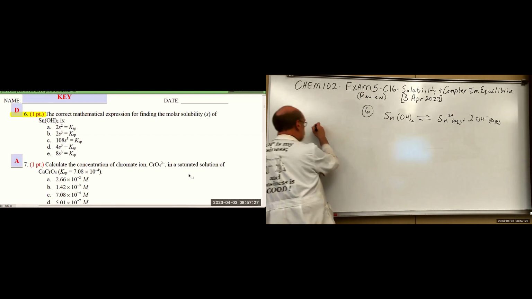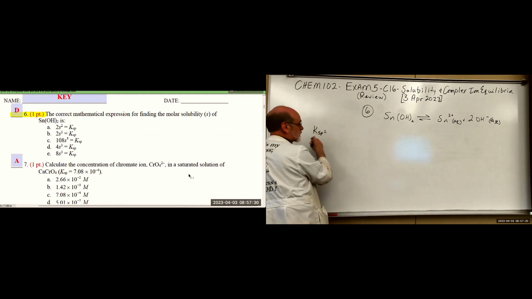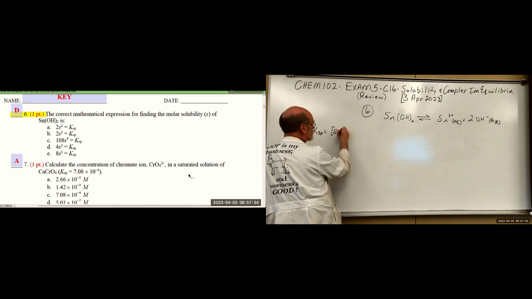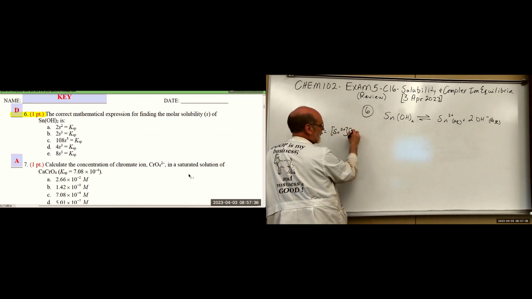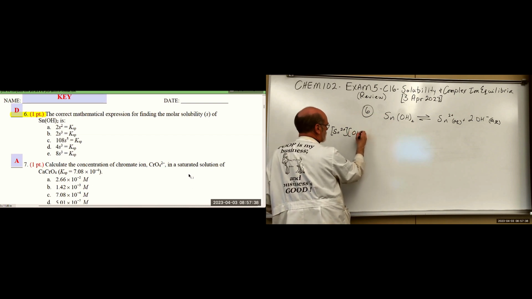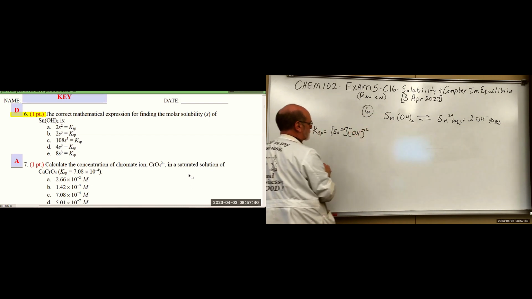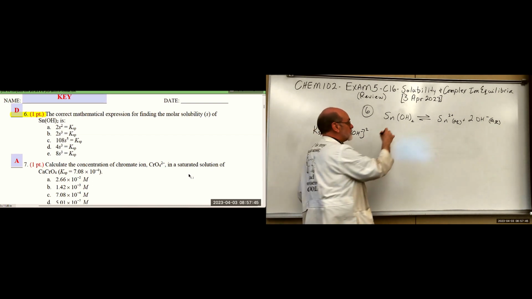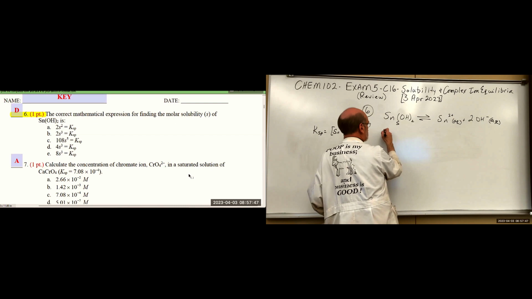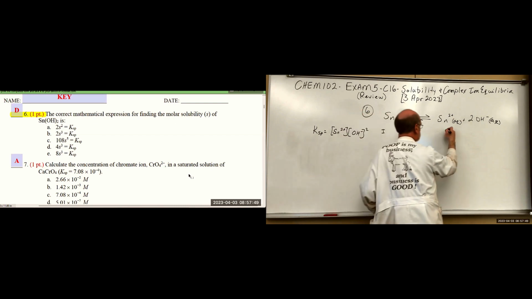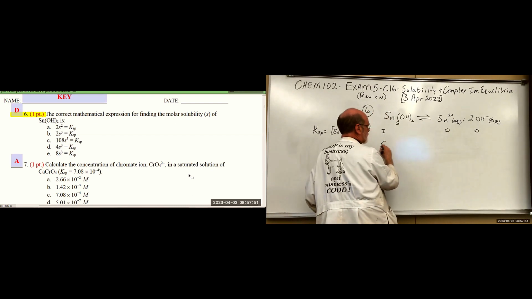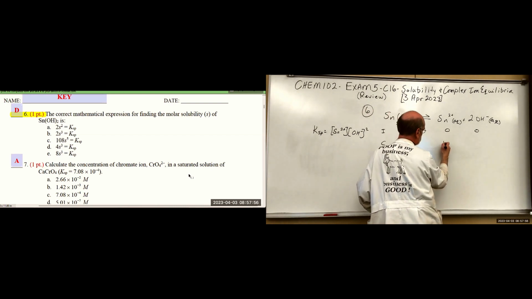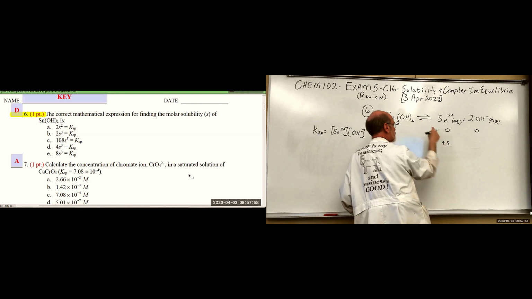Right. So the KSP expression is going to be tin 2 plus, and OH minus squared. So we need values for these guys right here. Well, if we know the molar solubility here, and the initial is 0, then the change is going to be, for every one of these, you get one of these. And for every one of these, you get 2 of these.